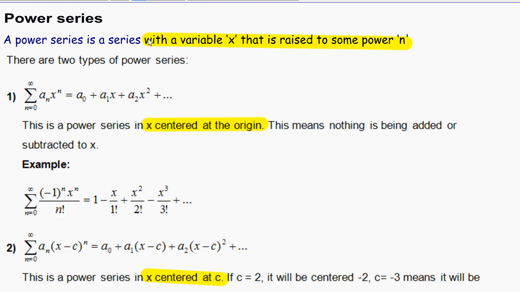For example, if you look at the first example here, you just have a sub 0 plus a sub 1 x plus a sub 2 x squared. So you don't have anything added to x. If you look at this example here, it gives you an idea of what I'm talking about. So this is an alternating series, and it's centered at the origin because there's nothing that's added to x.